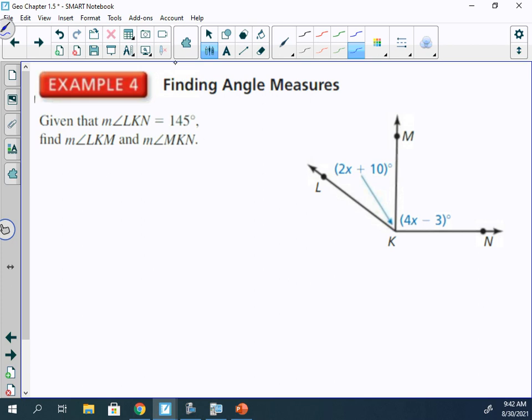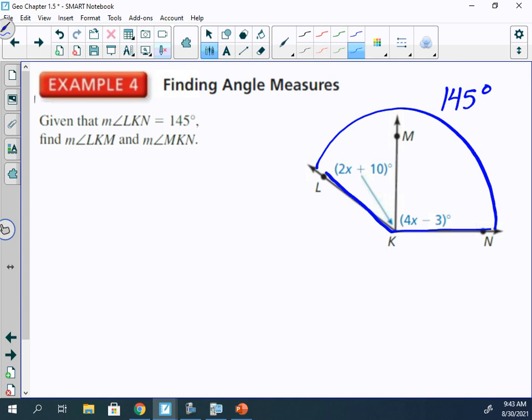So unlike with line segments where we're just given a measure and then I can add it and subtract it, we're going to actually look at some of these here. They're going to give us equations right out the gate. Now, they told us KLN, or LKN, this entire angle is 145 degrees.